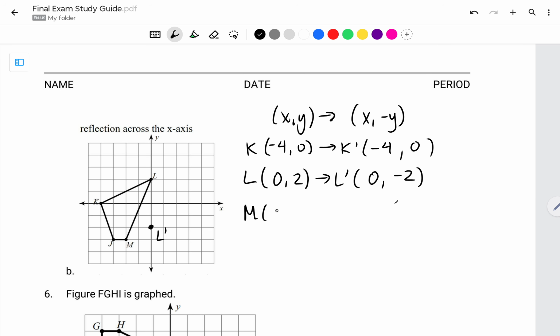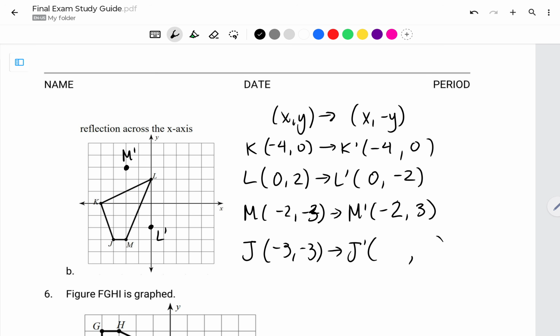M is at negative 2 and negative 3. So M prime, it stays at negative 2, and then it's negative 3, so negative 3 is positive. So negative 2, positive 3 is going to be all the way up here. And then J. J is at negative 3 and negative 3.